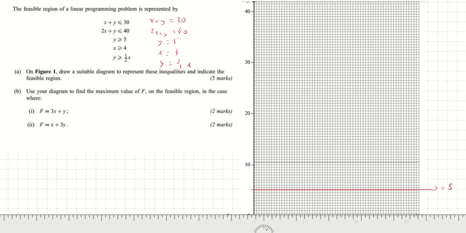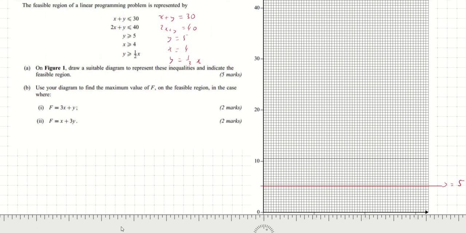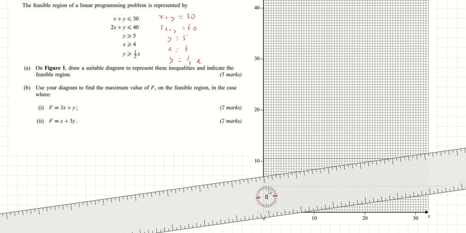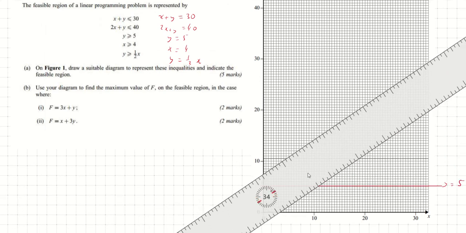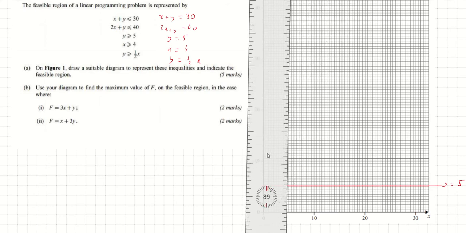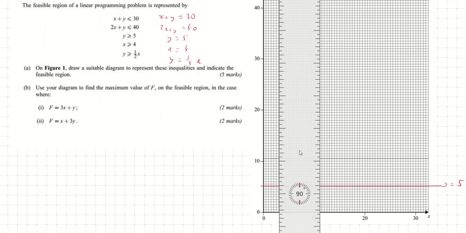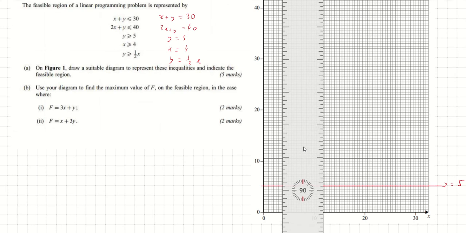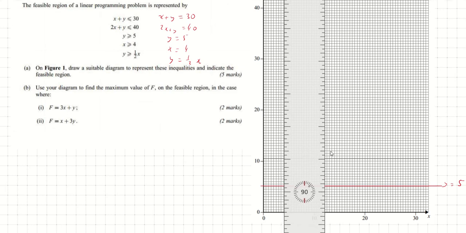Y equals 5, and x equals 4, which is a vertical line going through x is 4. So I think it's going to be about there.